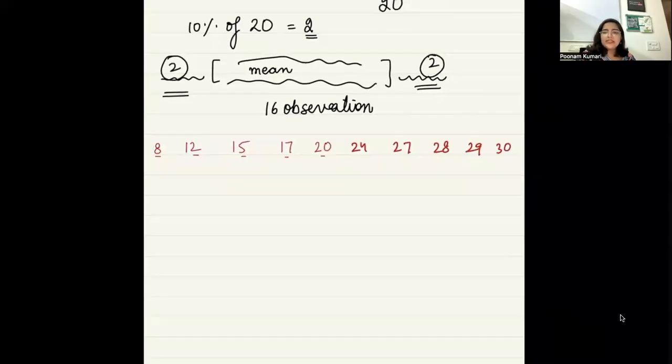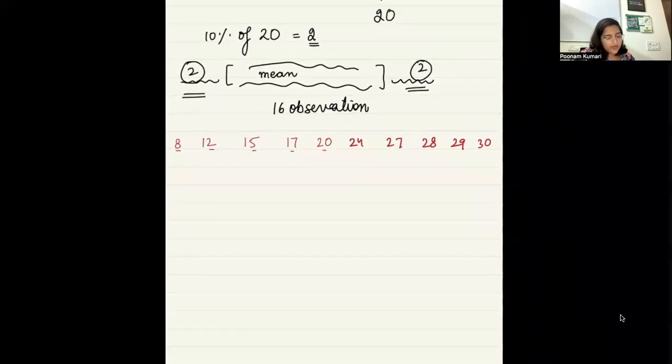Let's say these are my data points. How many observations do I have? 1, 2, 3, 4, 5, 6, 7, 8, 9, 10. 10 observations. If somebody says please find the 10% trimmed mean, what do you do?